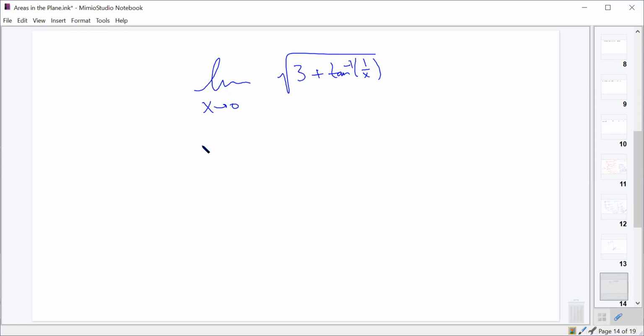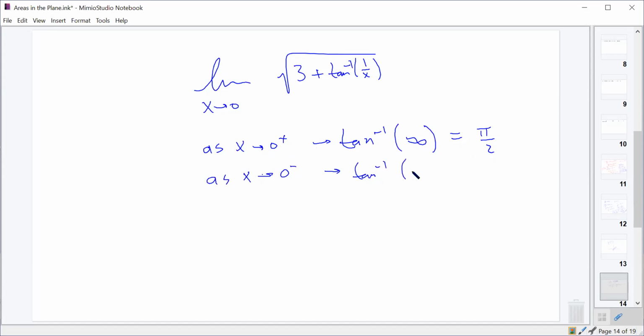As x approaches 0 from the right, we end up with the inverse tangent of infinity, which equals pi over 2. But as x approaches 0 from the left, we end up with the inverse tangent of negative infinity, which is negative pi over 2.